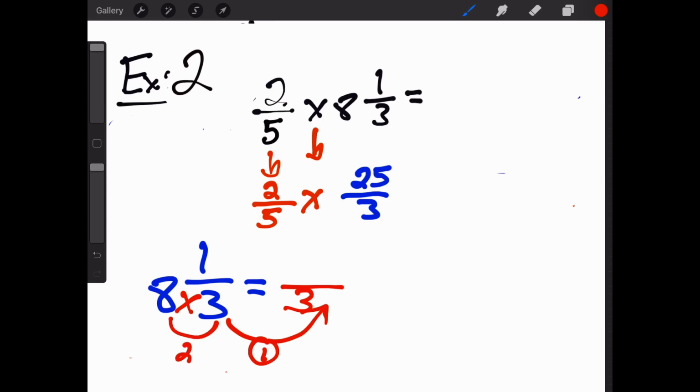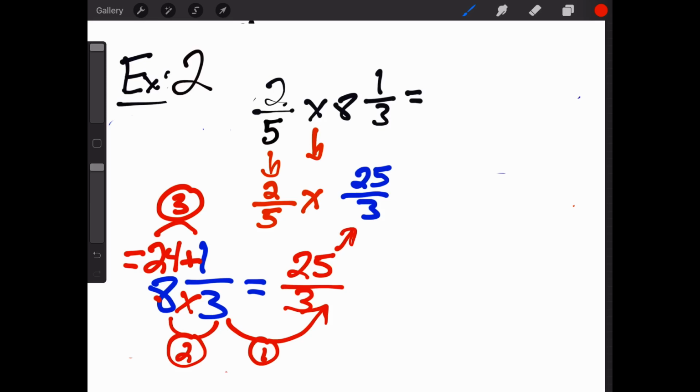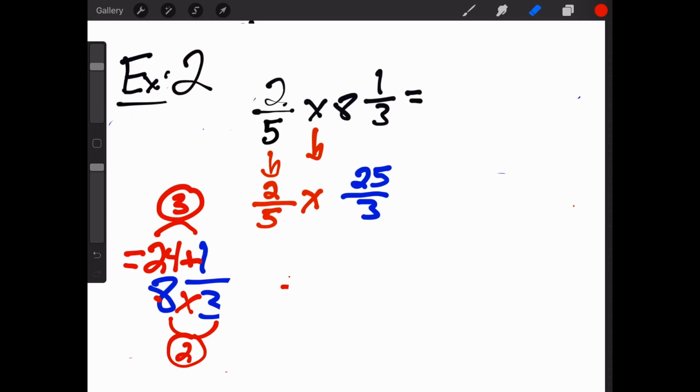Step 2, you multiply 3 times 8. 3 times 8 equals 24, okay? Step 3, you add 24 plus 1 is 25, and there you go. That's how you get 25/3, all right? Make sure you copy it down in your notes so you have it with you. I'm going to erase this right now.